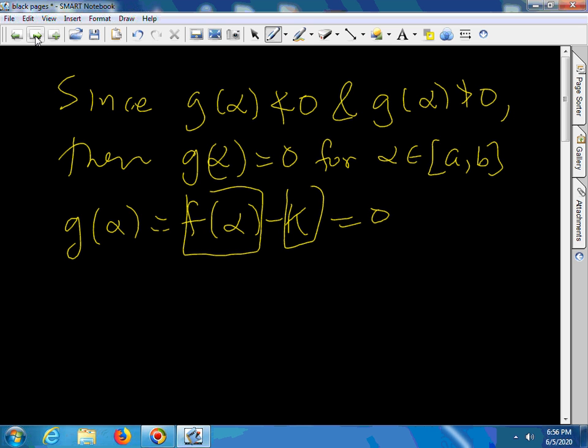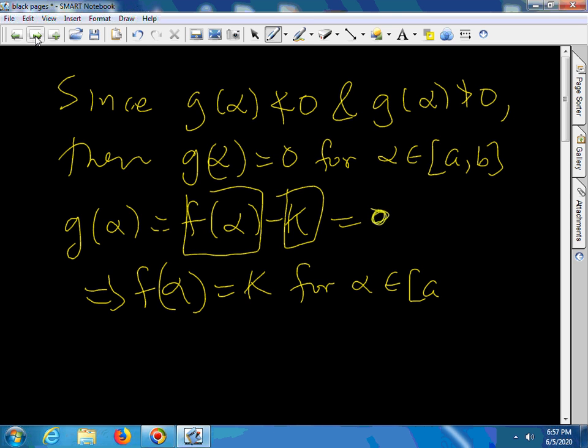If you subtract two quantities and the difference is 0, that implies that those two quantities are equal for alpha in AB. And that's all we wanted to find. We wanted to find an alpha in AB such that f of alpha, or f of c, is equal to k. And that would complete this proof.